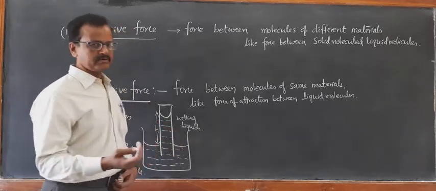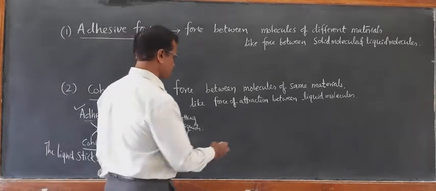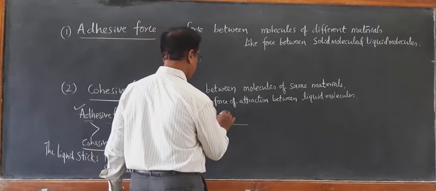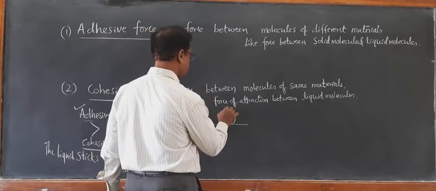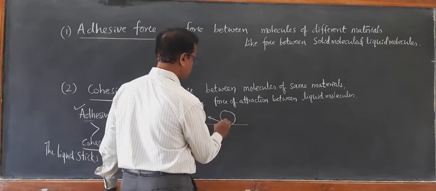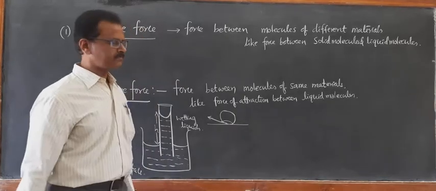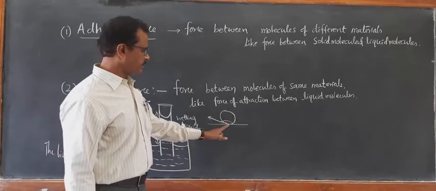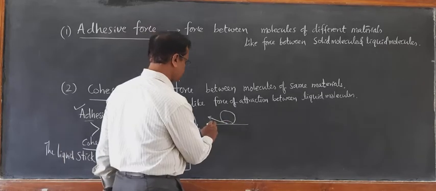But in the other case of mercury, what happens? Mercury doesn't stick. If you take a mercury drop, it forms a drop like this. It will have an obtuse angle of contact. This we have discussed in terms of the solid-liquid interface. This is the glass surface, right?